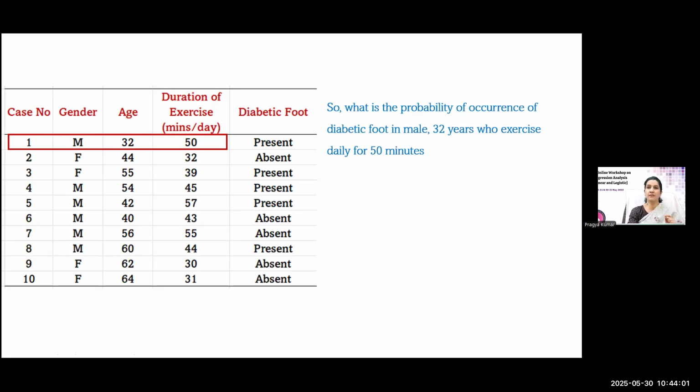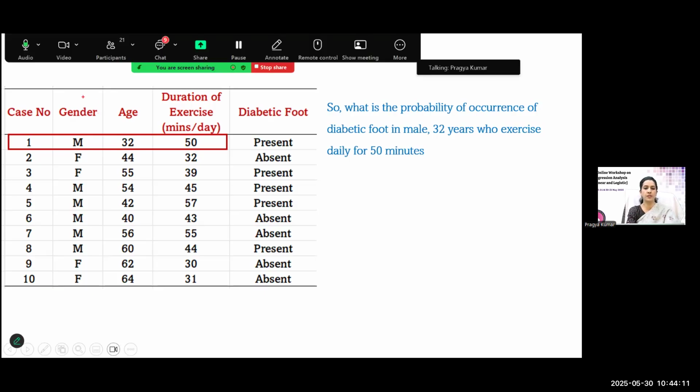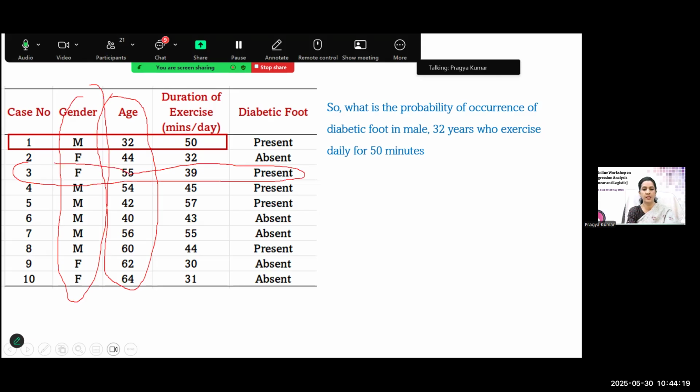For each row, and you know that each row is a study subject in a data set and each variable is a column. So each variable, each column, like gender, age, is a variable in any data set. And each row, like row number 1, row number 2, row number 3, is a case or a study subject.